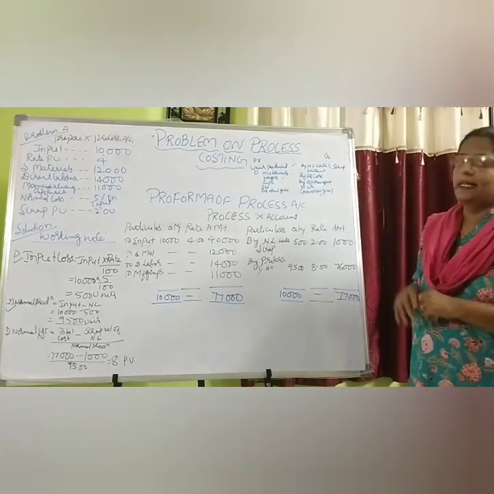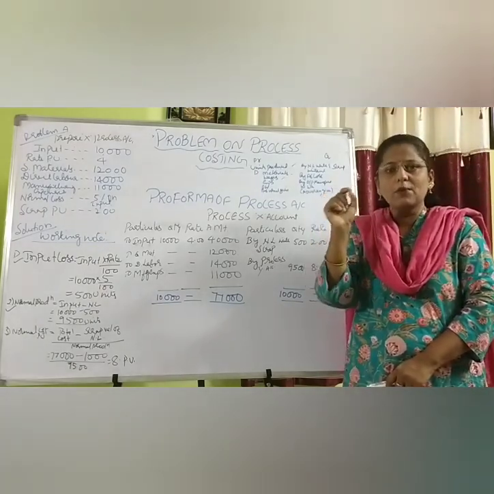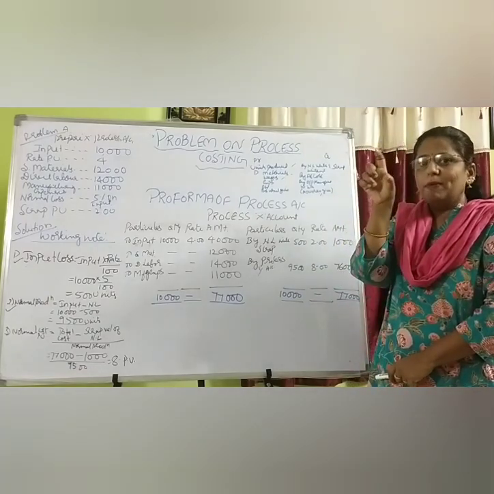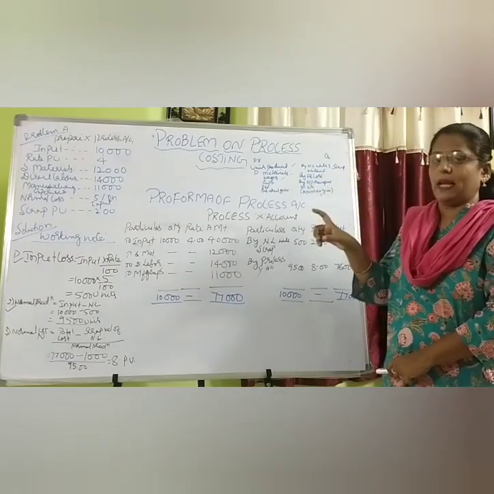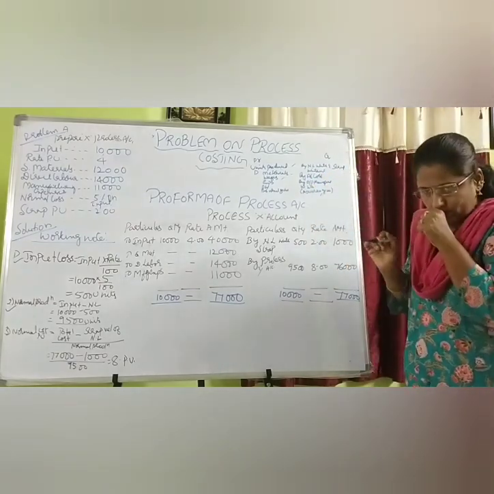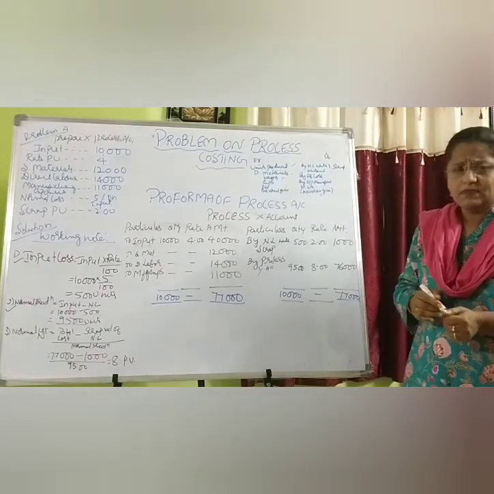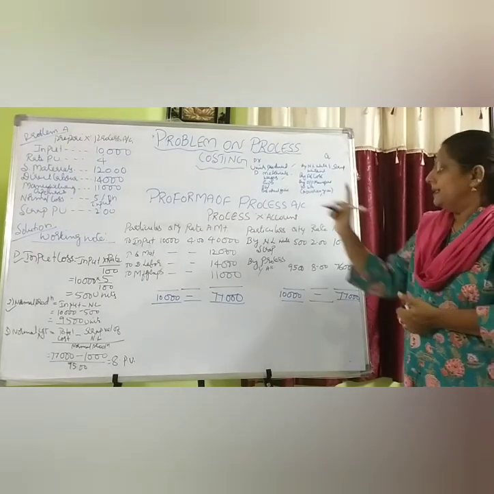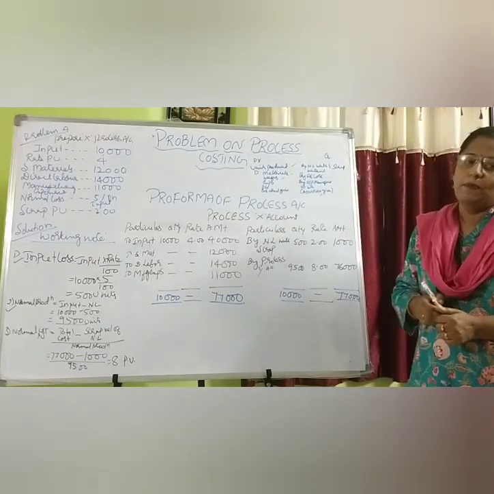Like that, at the credit side, first we have to consider the normal loss. The normal loss we have to take in two aspects, that is, normal loss with scrap and normal loss without scrap. Then next we have to consider the abnormal loss. At the debit side we take the abnormal gain and at the credit side we take the abnormal loss.